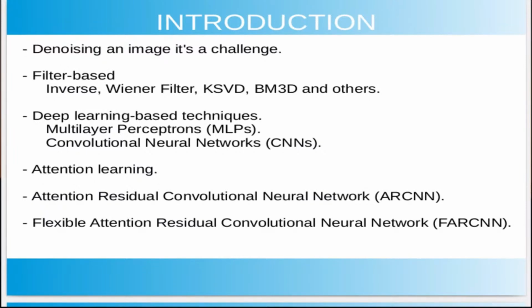State-of-the-art denoising CNNs have used a training strategy called residual learning, where the network is trained to assimilate the noise prior distribution. Another very interesting deep learning training strategy, not yet very explored for image denoising, is attention learning.